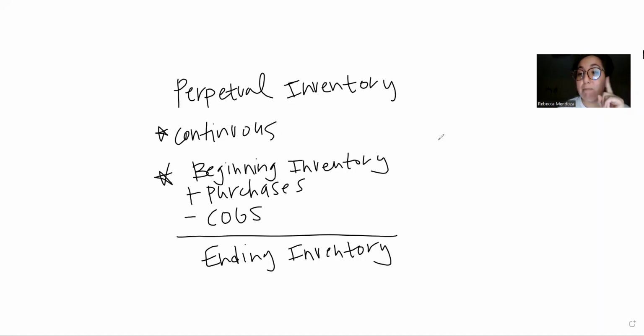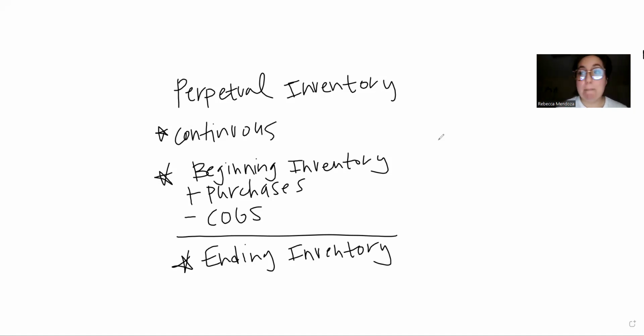Another thing when you're thinking of perpetual, what happens is, although it's continuously updated in software on the computer and it automatically updates inventory, we are still required to do a physical count once a period. That could be once a month, that could be once a year. Our goal is to match our ending inventory that we physically count to this right here that we have in our computer.